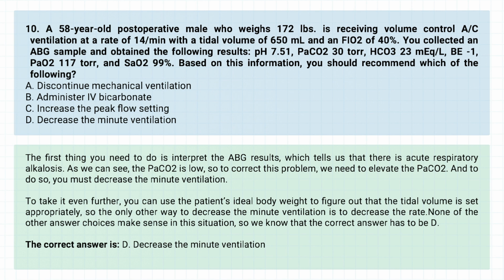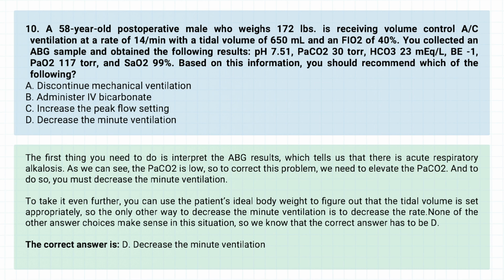Decrease the minute ventilation. The first thing you need to do is interpret the ABG results, which tell us that there is an acute respiratory alkalosis. As we can see, the PaCO₂ is low, so to correct this problem, we need to elevate the PaCO₂. And to do so, you must decrease the minute ventilation.